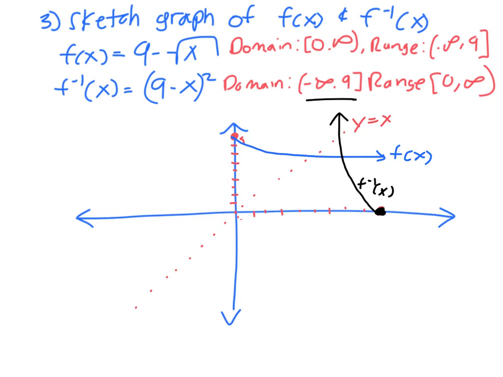Your domain, so for x, goes from negative infinity to 9, and so you stop here at 9. Here's 9. And then you need to make sure that your range also goes from 0 to infinity. If you were to use transformations, you might accidentally graph the other side of this parabola. So you just need to be careful that you don't do that, because you're restricted by your domain here.